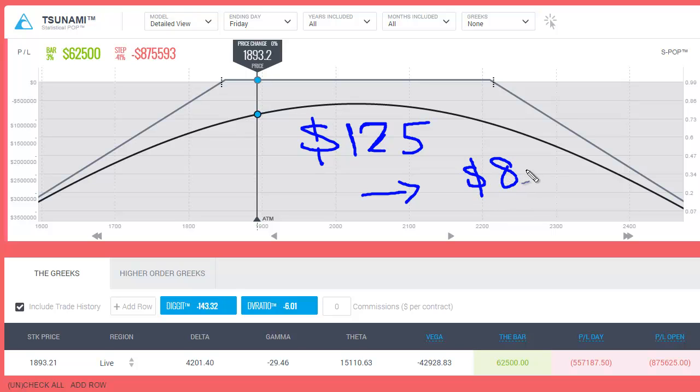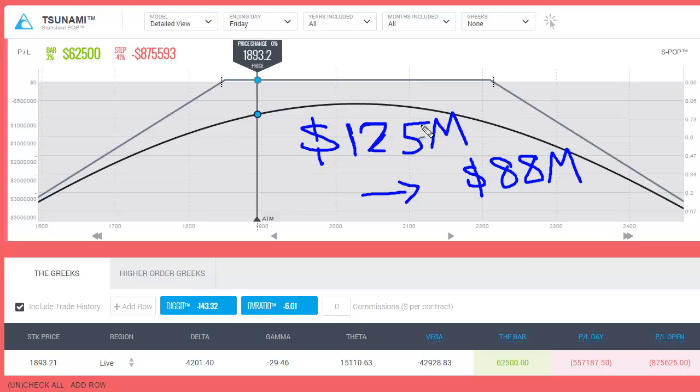I'll just round it to 88 million. So we have an $88 million loss in just a week, where the margin was 125. Let's just calculate it. So that's a 70% loss.